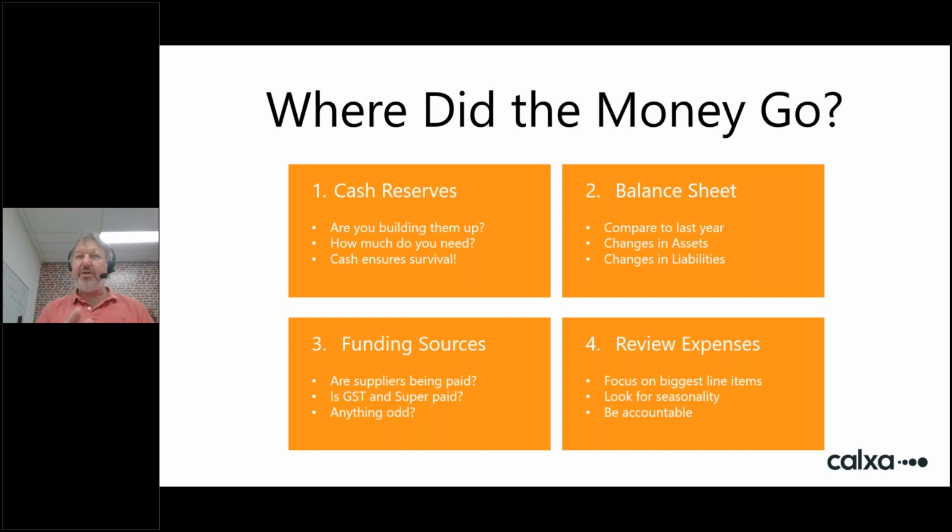As well as looking at the P&L type reports, we also need to look at the balance sheet side of the organization. What's happening with our bank balance? Are we building up cash reserves? Could we cope with a 3-month lockdown with no income, for example?